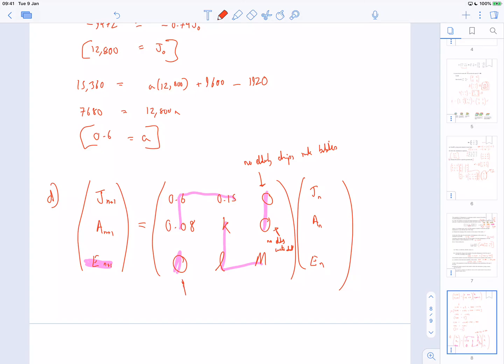And this is a 0 because no juveniles become elderly first. They've got to become adults first. Okay, so definitely these are 0s, and the rest are constants. You could argue that the rest are a bit undefined. But yeah, interesting question.